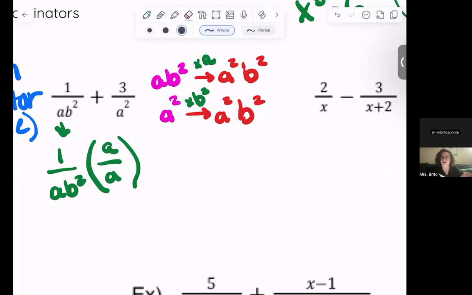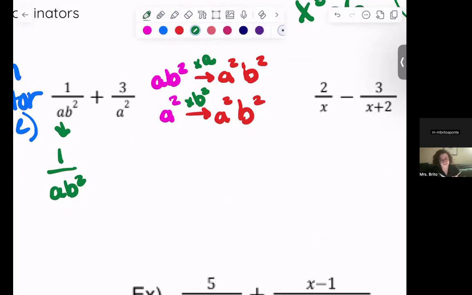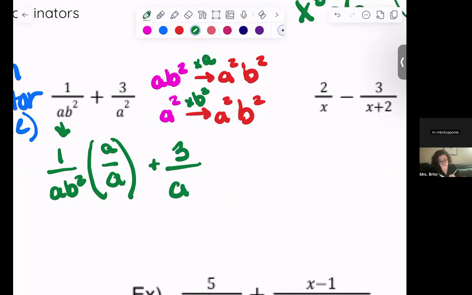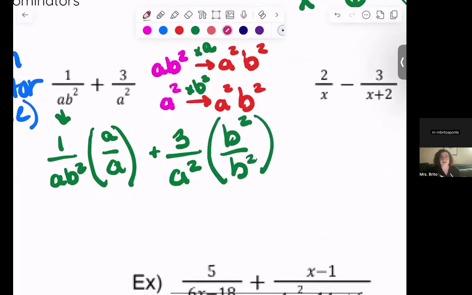I think I wrote it that way as a fraction. If it helps your brain to just do times A, you're welcome to do that as well. But I think I'm going to start writing it like that, A over A. Then I have my original 3 over A squared, and I decided I needed to multiply by B squared to get a common denominator. Let's see if this works out.